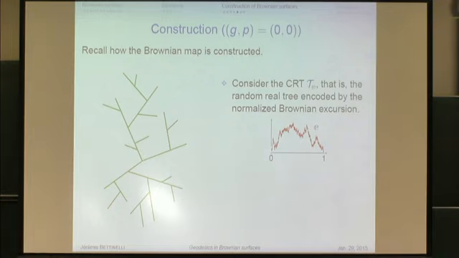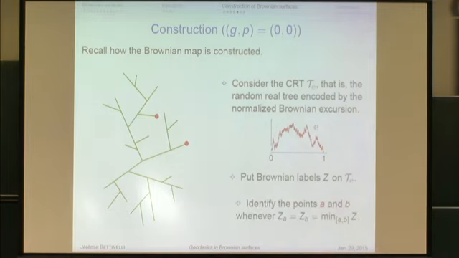But say this is your Brownian CRT, and then you put Brownian labels on the CRT. It roughly means that you put independent Brownian motions on every edge of your tree, and let me call Z this function, the same Z as in Gregor's lectures.